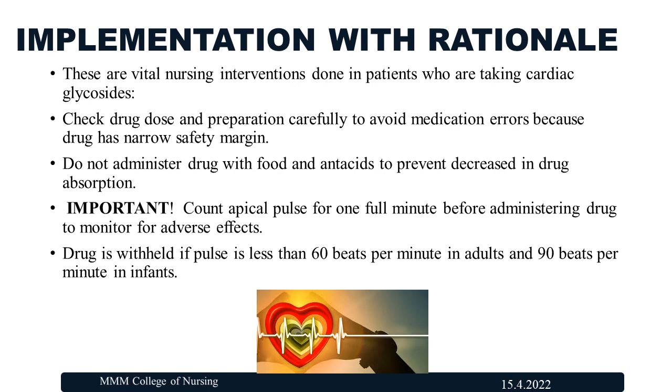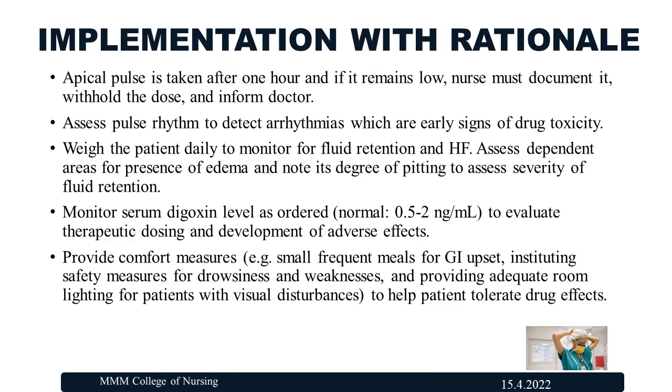The drug is withheld if the pulse is less than 60 beats per minute. The apical pulse is taken after 1 hour, or if it remains low, the nurse should document and immediately inform the doctor. The nurse should also assess the pulse rate and detect dysrhythmias and arrhythmias after giving the drug to the patient to assess for drug toxicity.